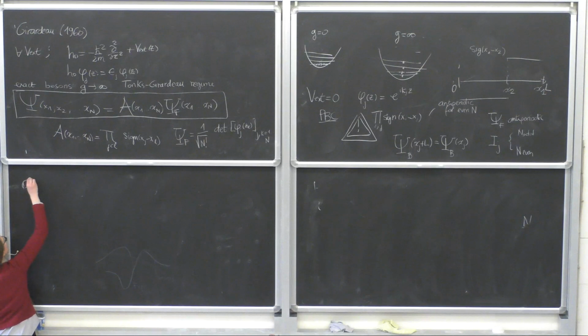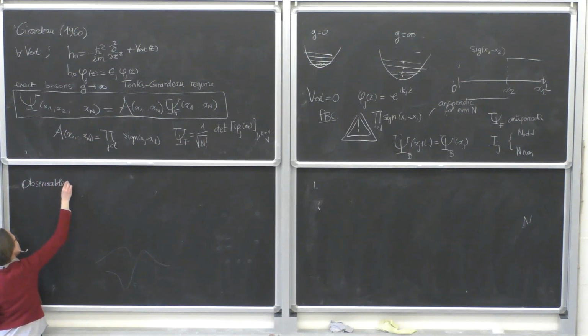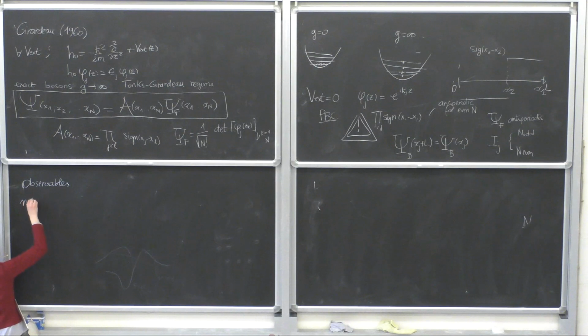Okay, so observables. We start from, as we have seen in the previous course on ultra-cold atoms, for example, one observable that we can measure is the density profile.